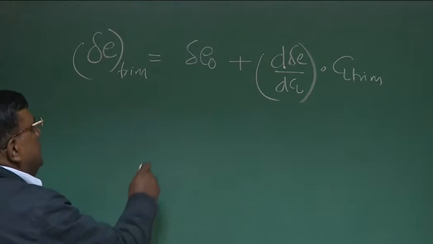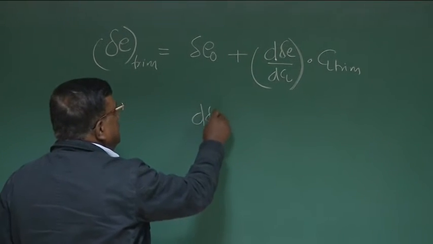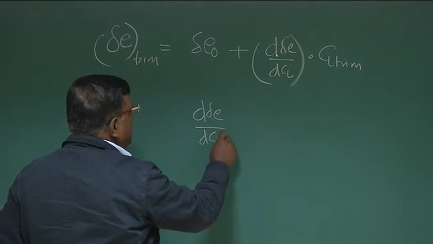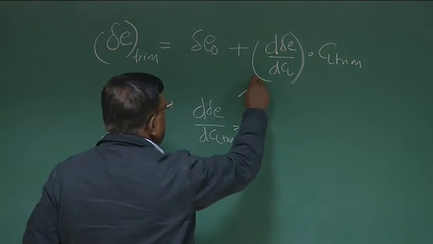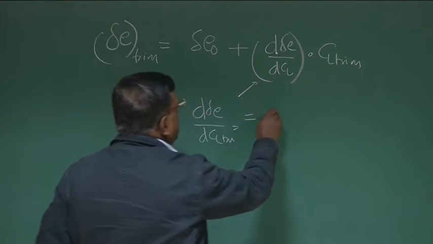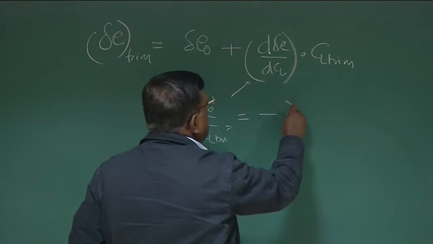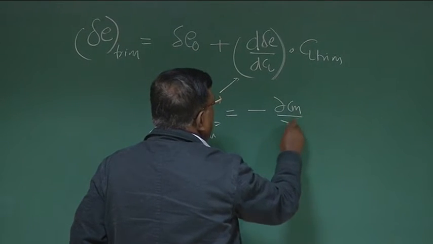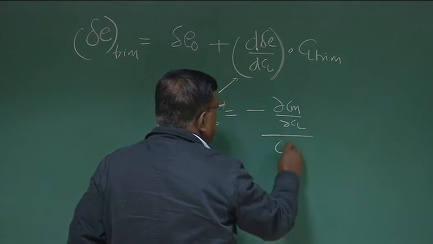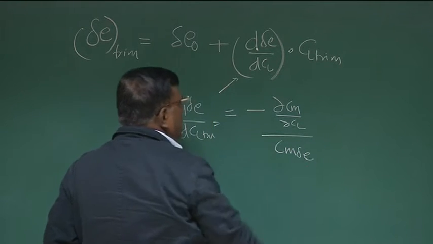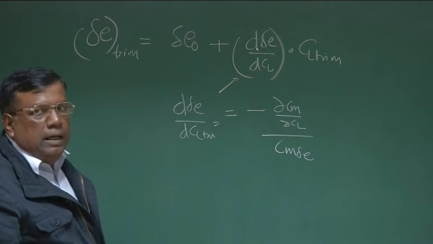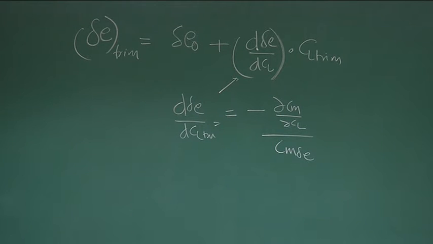Further, we know d delta E by dCL trim, which is equal to minus dCm by dCL divided by Cm delta E. What is Cm delta E? Cm delta E is elevator control power, sign is negative, and dCm by dCL is minus static margin.